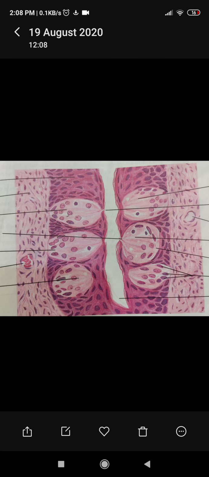Gustatory cells are the neurons which sense the taste, and the other supportive cells are known as sustentacular cells, which support the function of these bipolar neurons. Also present are immature cells and slowly dividing basal stem cells that give rise to other cell types.